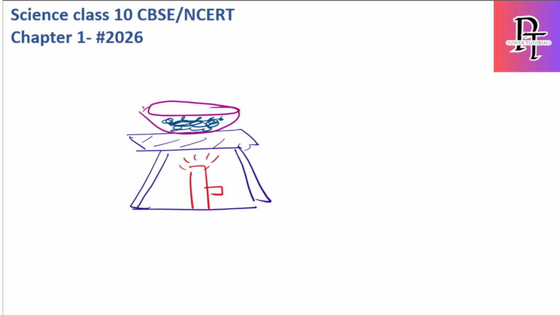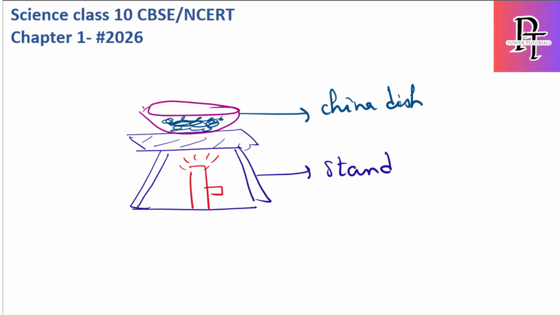Okay, I'll label the parts. This is the china dish, stand, burner, and this is important, which is copper.